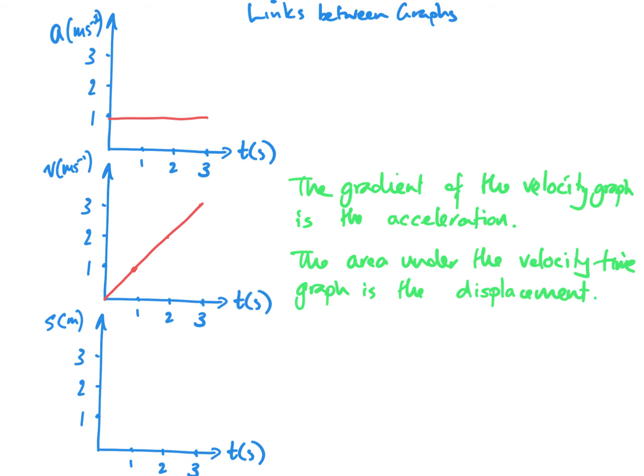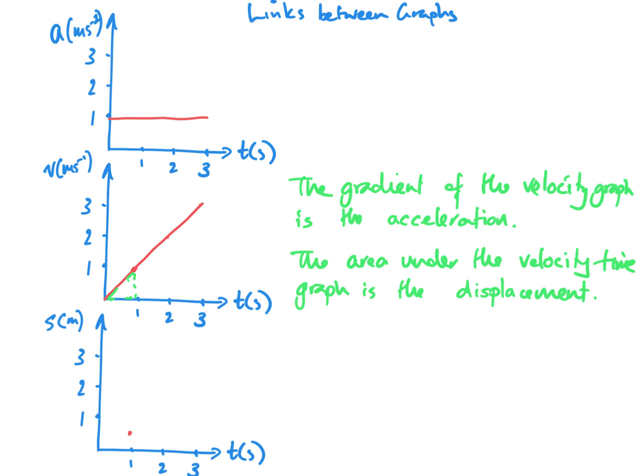If I look at the area in the first second, it would be a wee triangle like that, and it would be half times 1 times 1, which is 0.5. So after 1 second I know the displacement is 0.5.